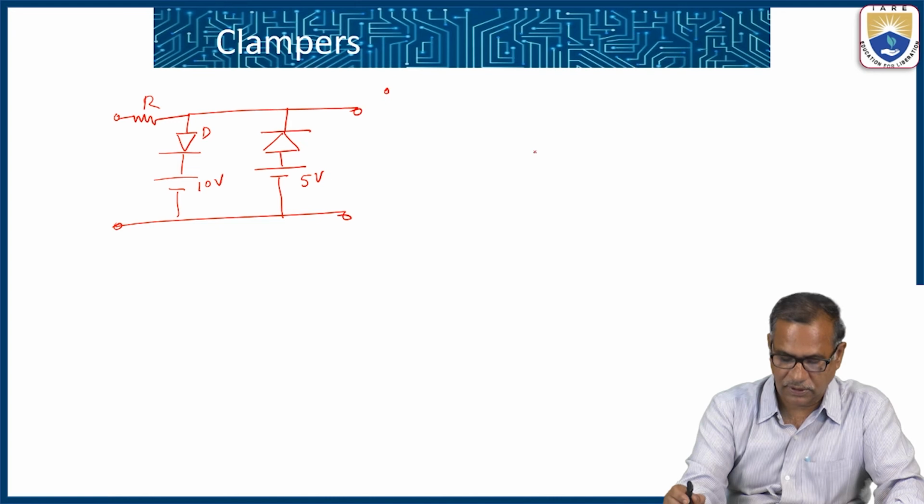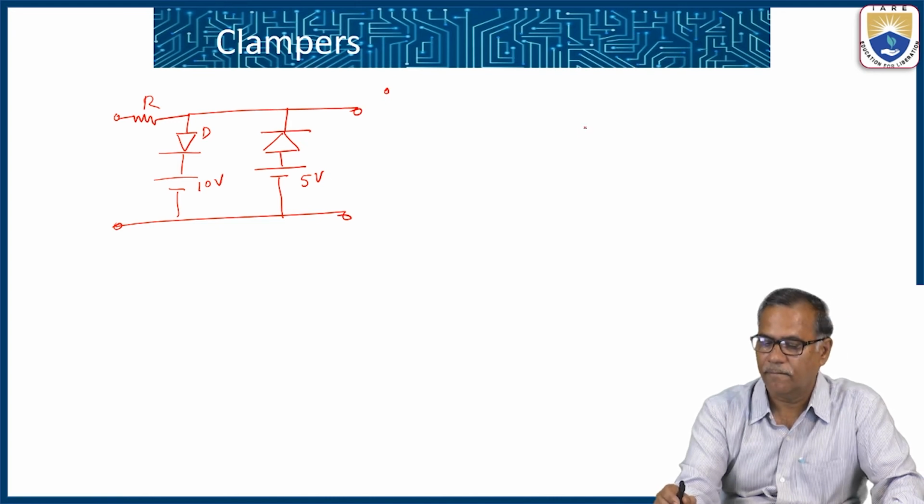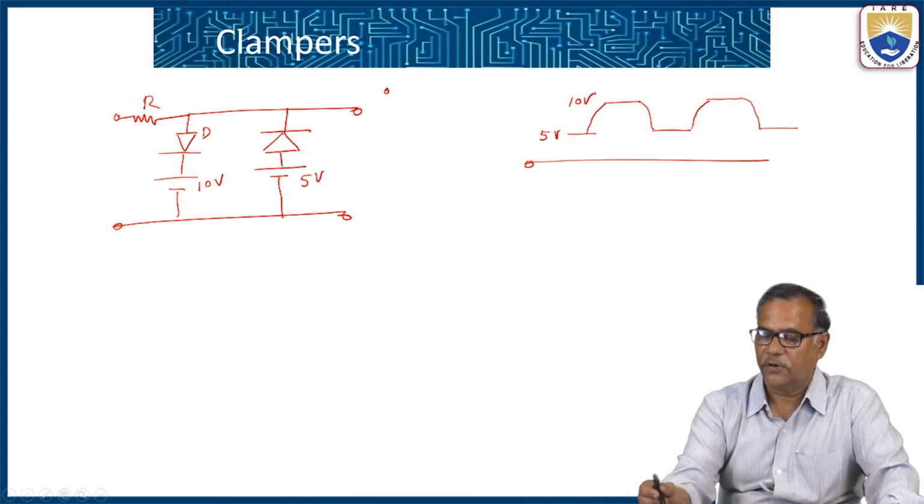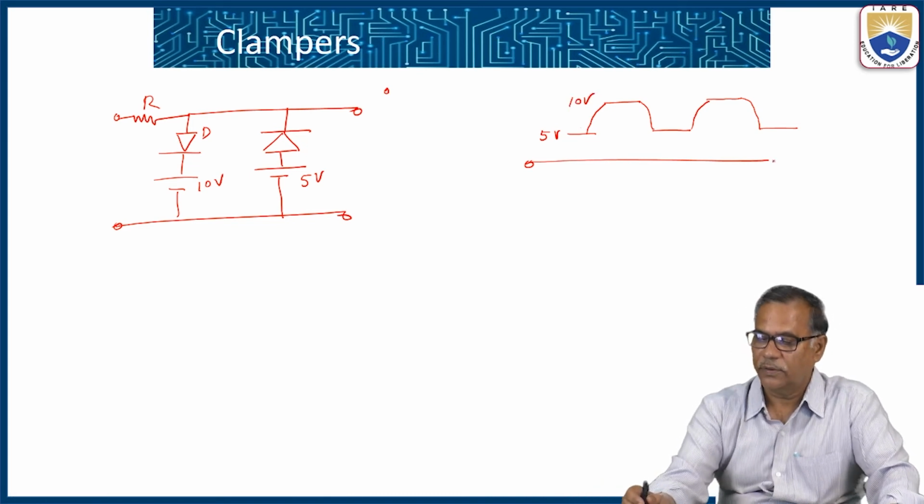So this is a circuit that gives this type of waveform. So this is 0 volts, and this is 5 volts, and this is 10 volts. So this circuit will give this type of waveform. Let us see how it gives.